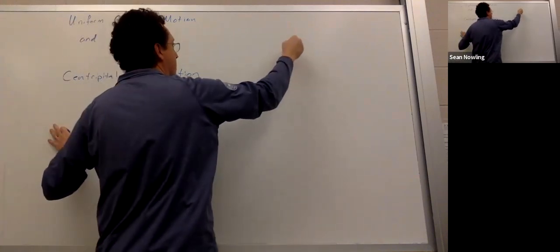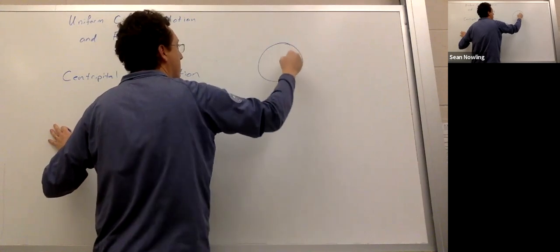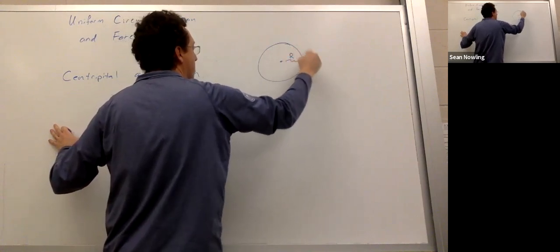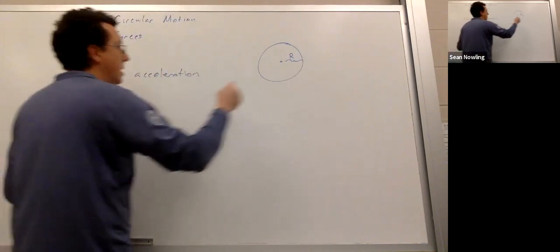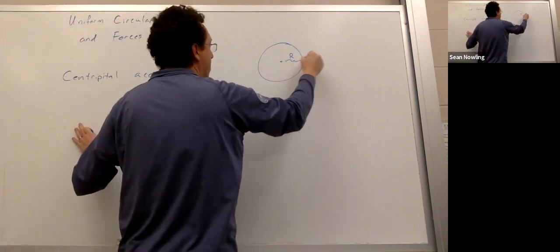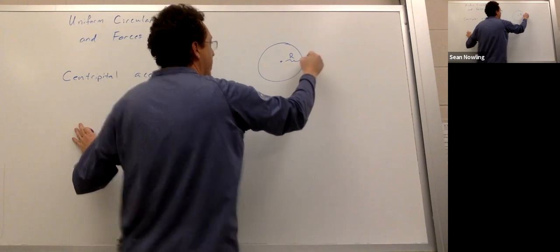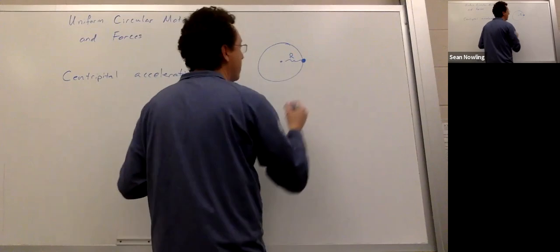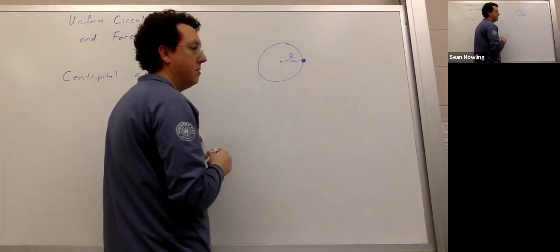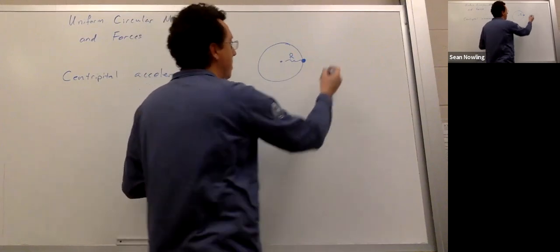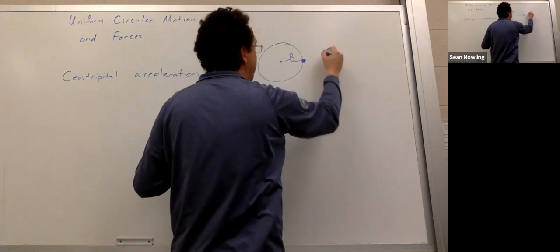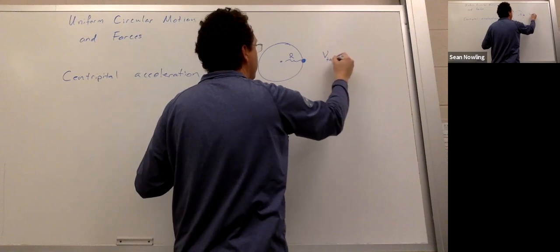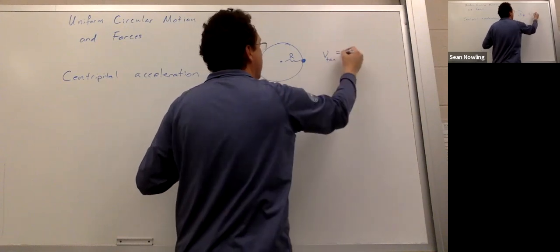So you can imagine there's a circle of radius r. And if we have a point on the rim of that circle spinning around with a velocity v, or actually I should say, you could say tangential velocity, or maybe at this point I should just say speed. But anyways, usually people write v or v tangent, so I'll do that so it's really clear.